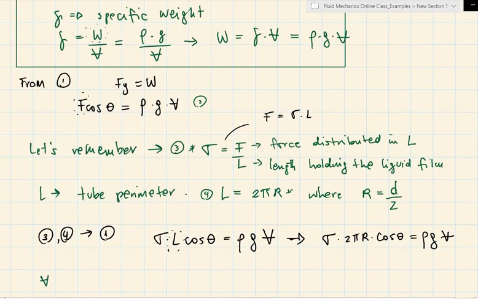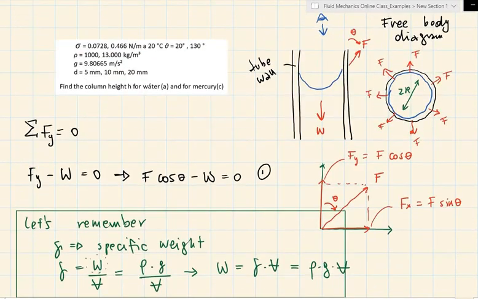Now, the volume, let's remember this. The volume of a cylinder. Let's draw a cylinder. This is the cylinder of water that is being pulled up in this straw or capillary tube that it's immersed in, water contained in another recipient, right?